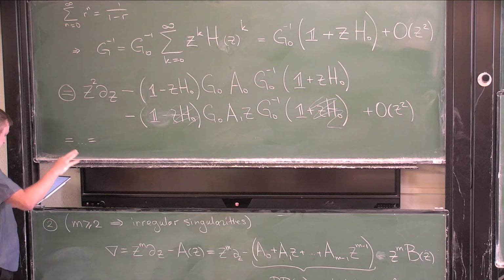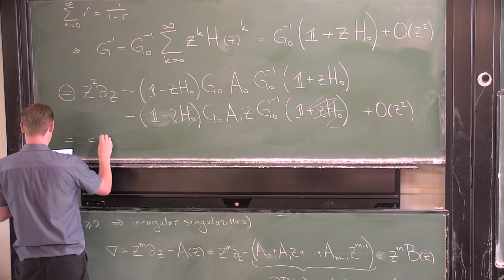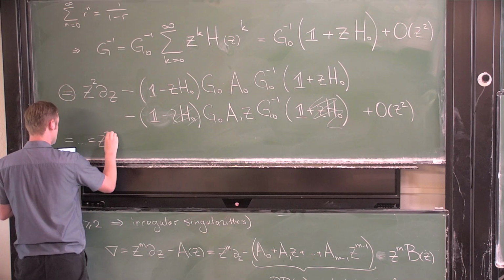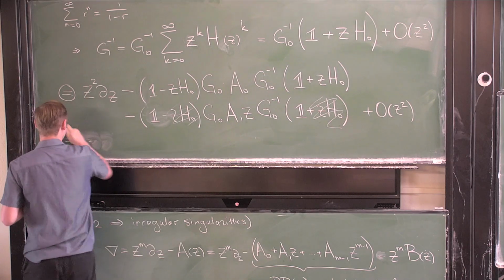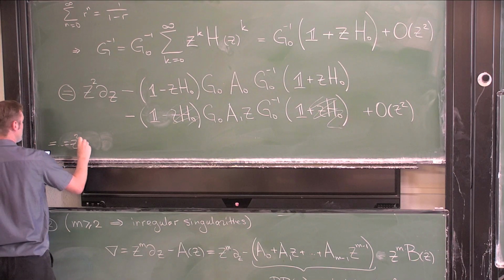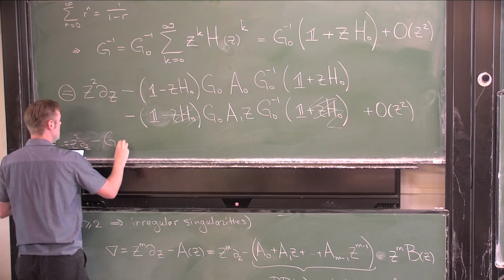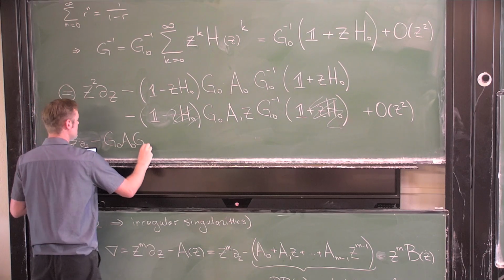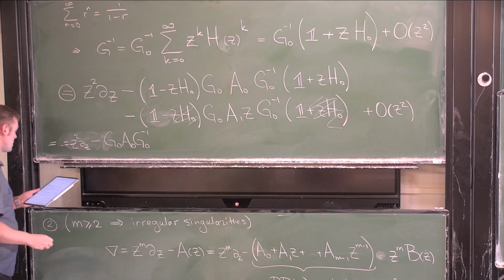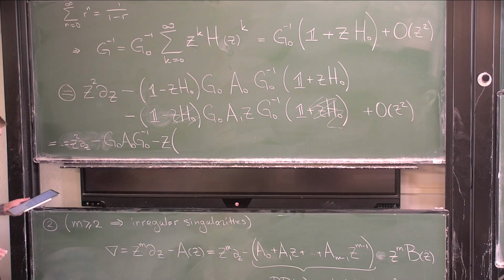If you simplify this, the expression you get is like this: z squared dz minus the conjugation, as we expected, of the leading order part, and then I gather everything that is of order z.